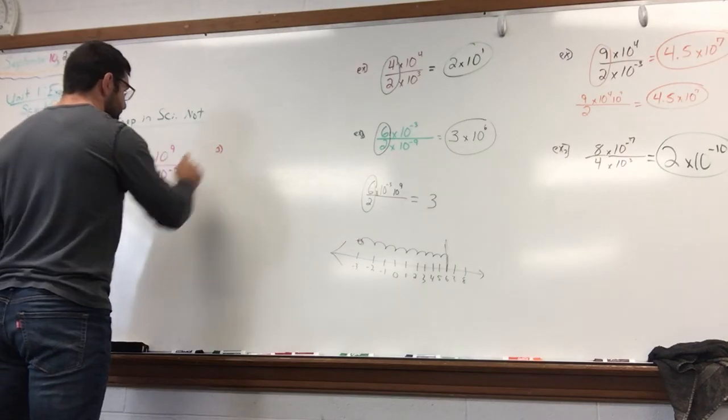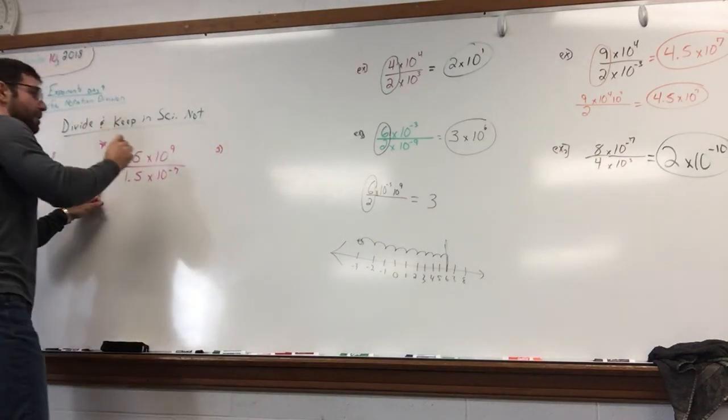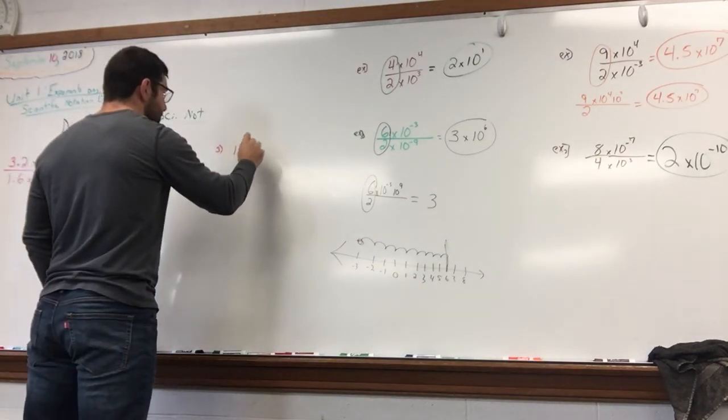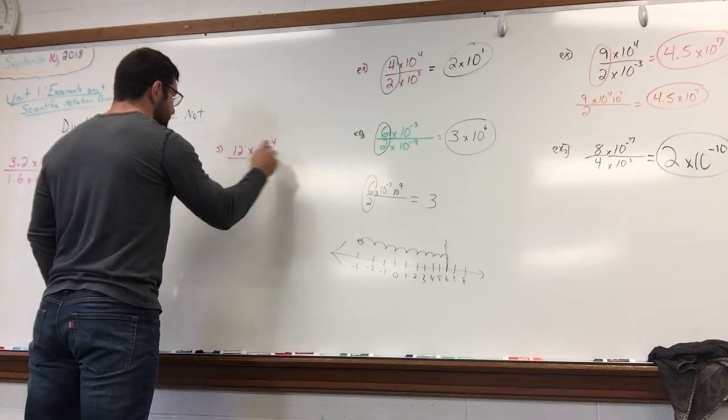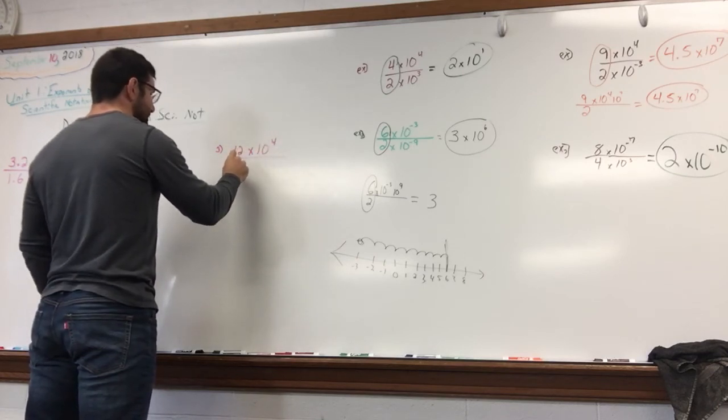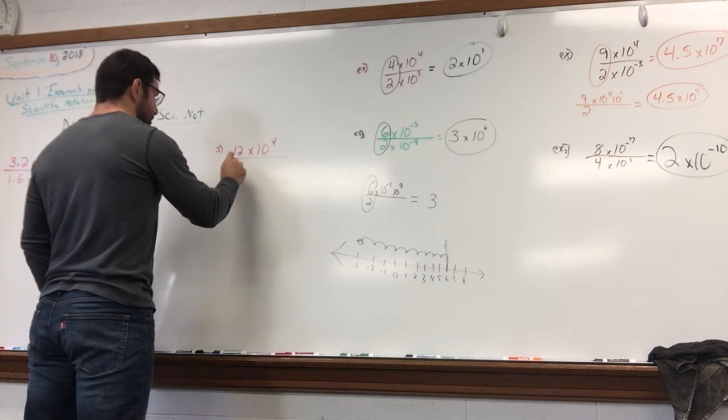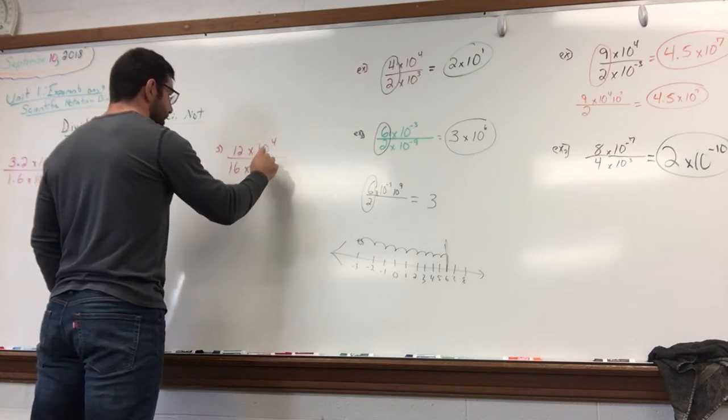And number 3, I'm going to put a star here: 12 times 10 to the 4th divided by 16 times 10 to the -5th.